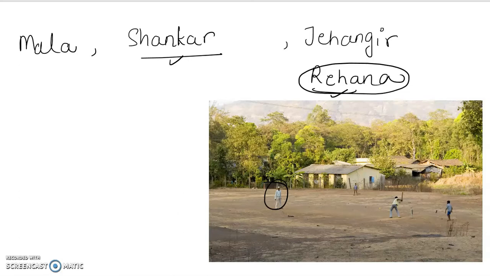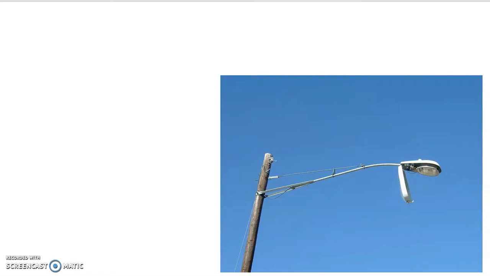So Rehana didn't do that. So next time, he hit the ball so hard that Rehana couldn't control it, and when she hit it with the bat, it went straight and hit the street light, and in fact, it did break the street light.